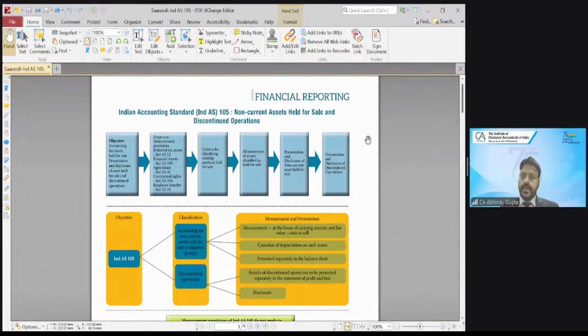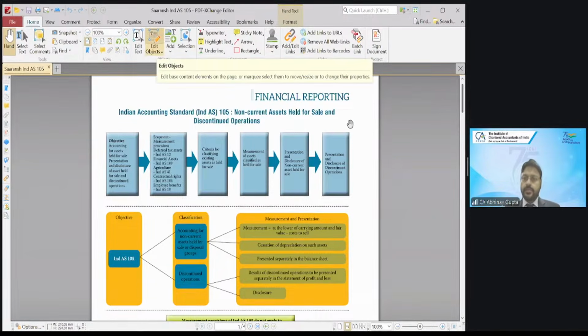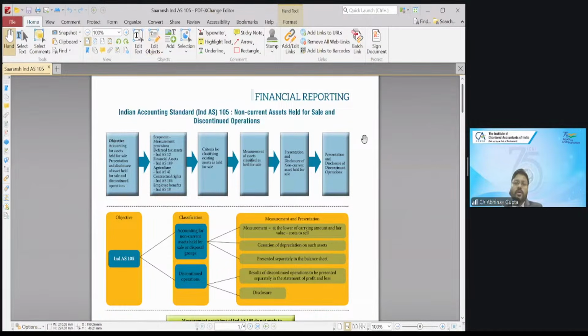Since these assets ideally would have been part of our property, plant and equipment, or intangible assets, or the investment property until now, but now because the management is intending to sell them, and they are not intending to continue with these assets anymore for the purpose of their business use, that's why this requires a separate measurement and presentation, right?